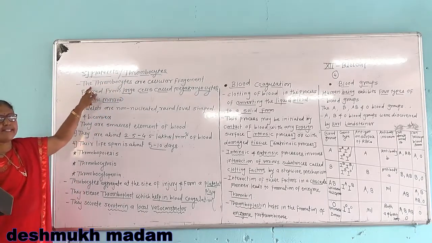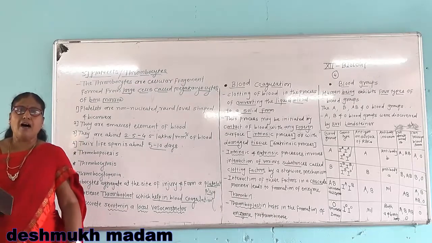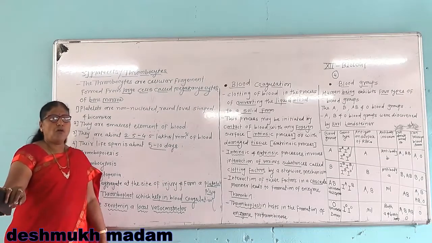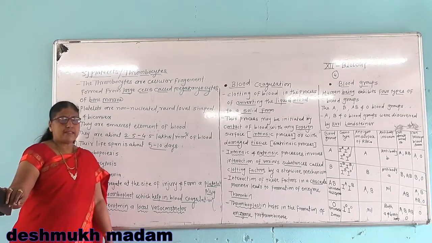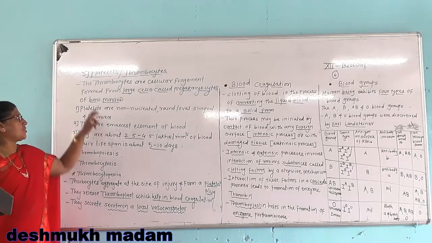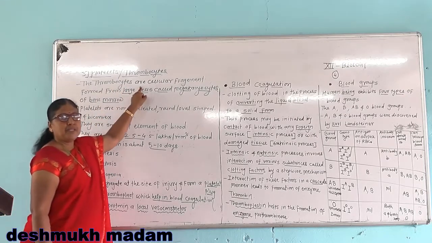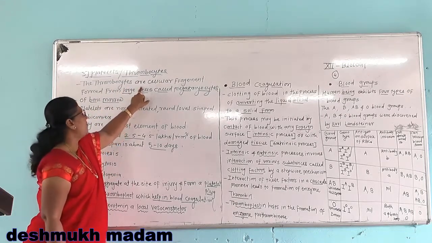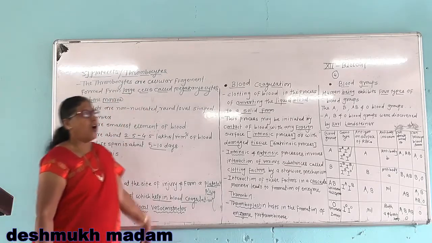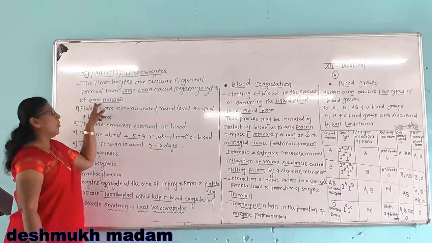The thrombocytes are cellular fragments formed from a large cell called the megakaryocytes of bone marrow.